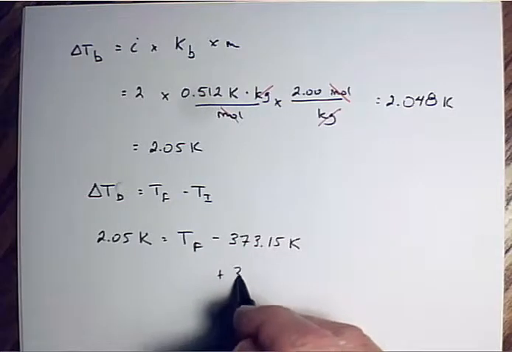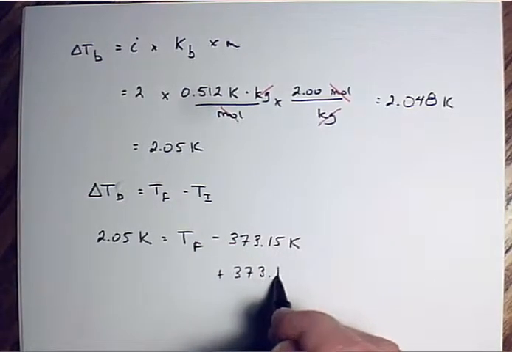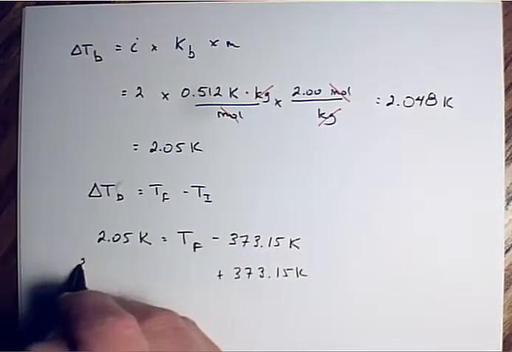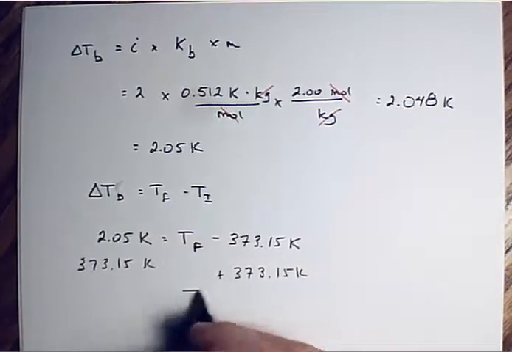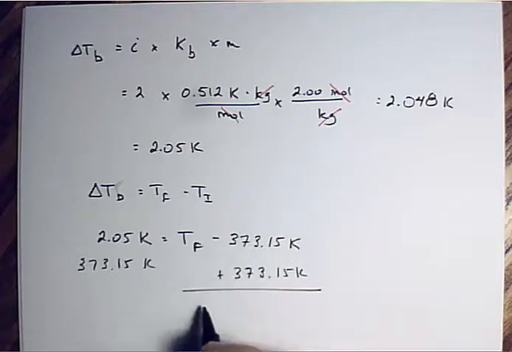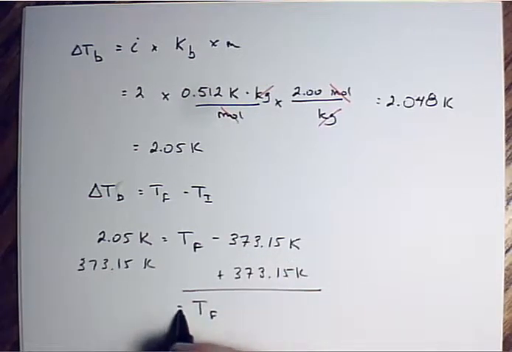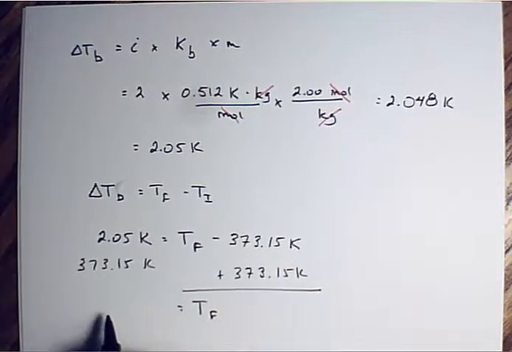And so you do the same math where you add 373.15 Kelvin to both sides. Okay, and that's going to cancel out, so we've got temperature final over here.